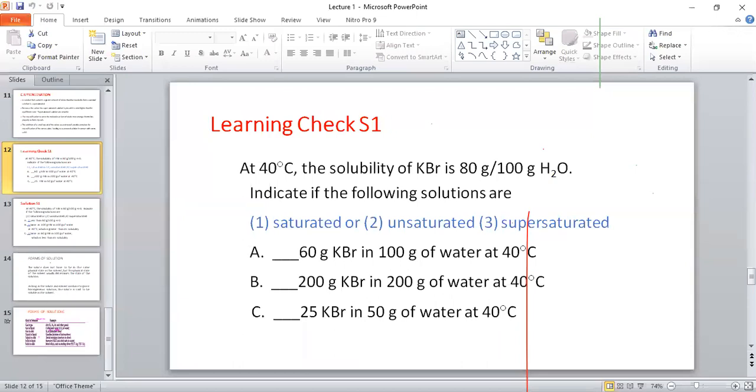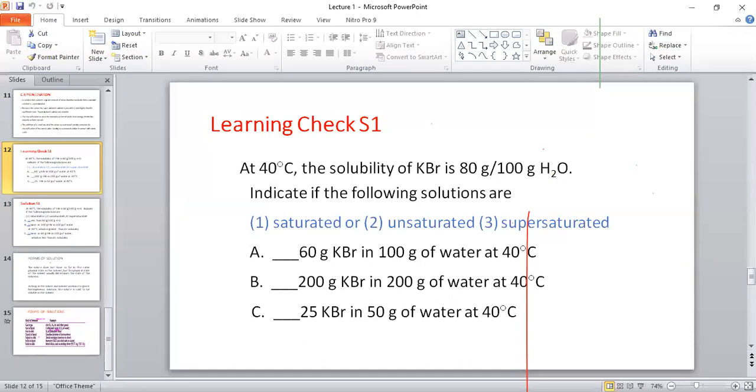For instance, like what you see here, I hope you're seeing the screen. The condition here is 40 degrees centigrade. Now we're told that the solubility of potassium bromide is 80 grams per 100 grams of water.